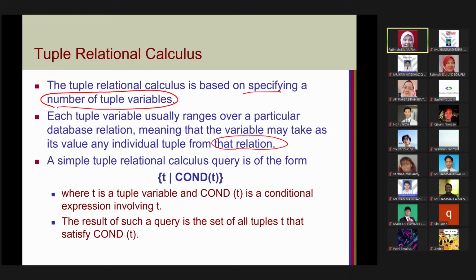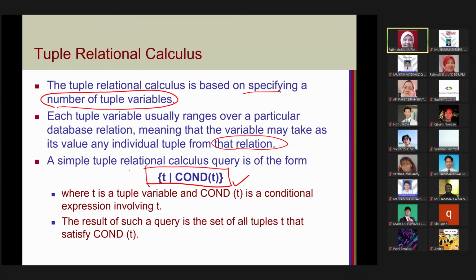So here we need to know the range of the tuples in the relation. So this is the simple tuple relational calculus query. This is how you write the relational calculus.